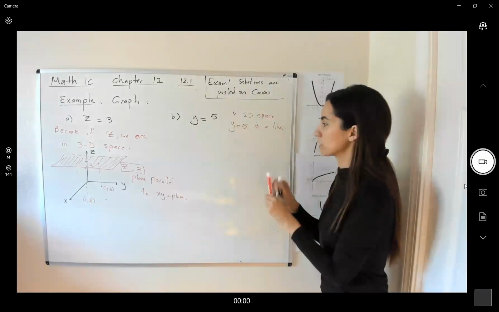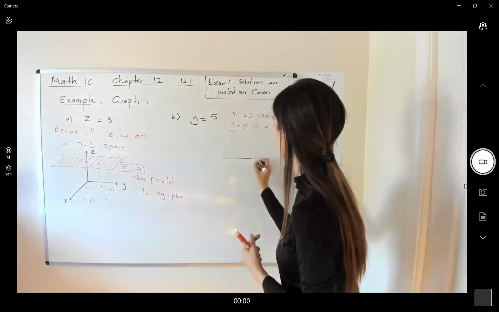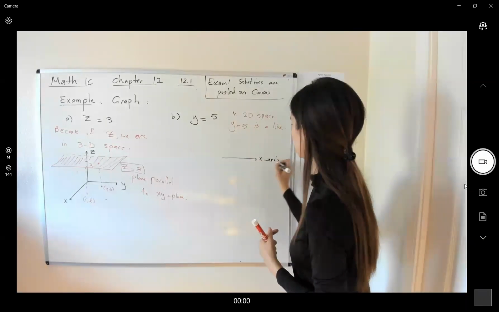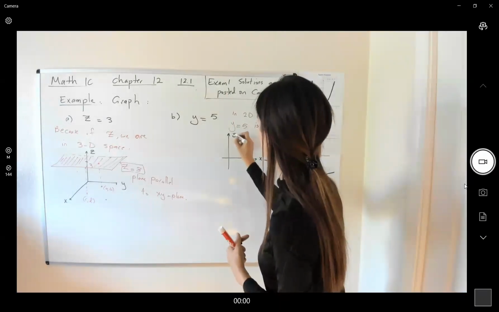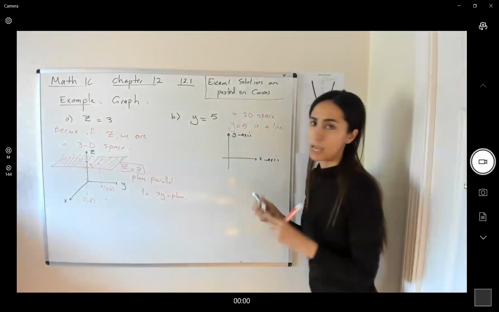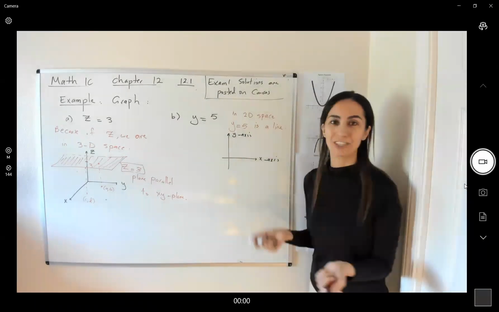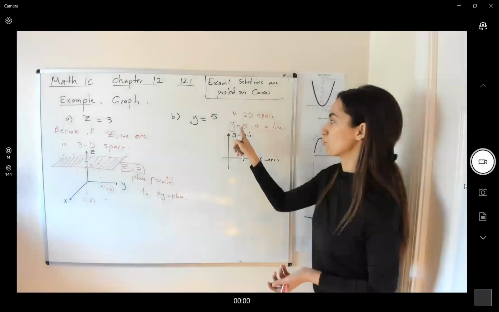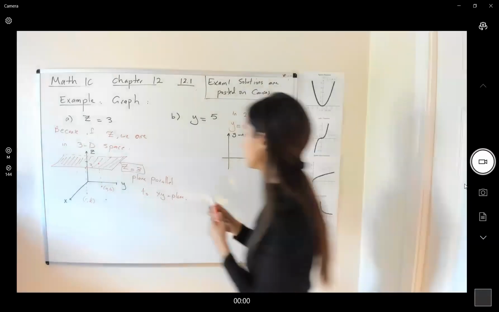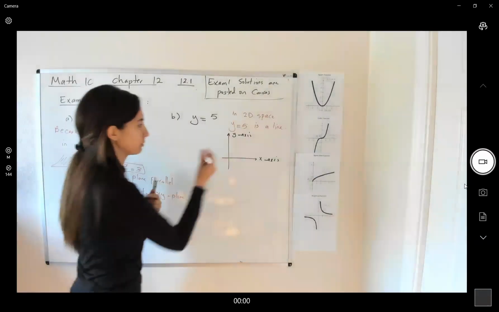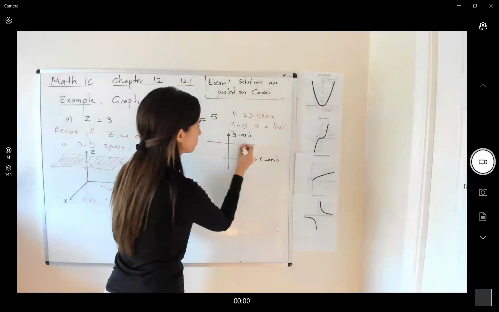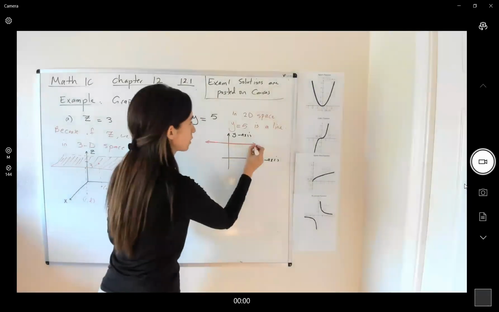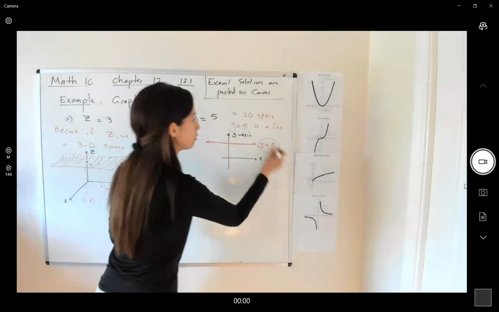So think about it this way. Here you have the x-axis. Here you have the y-axis in two-dimensional space, and y is always fixed. It doesn't matter what your x is, your y is always 5. So here you have this graph, the curve y equals 5.